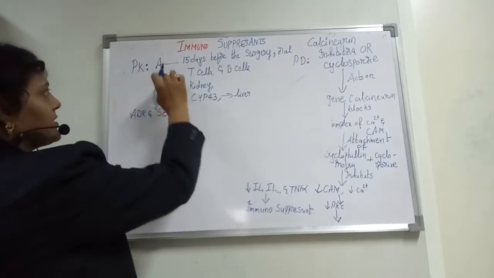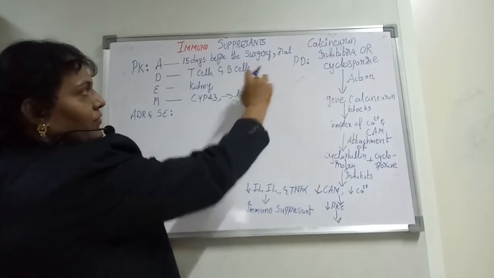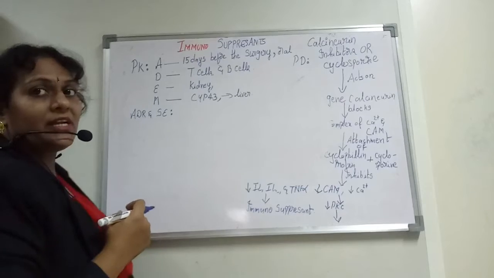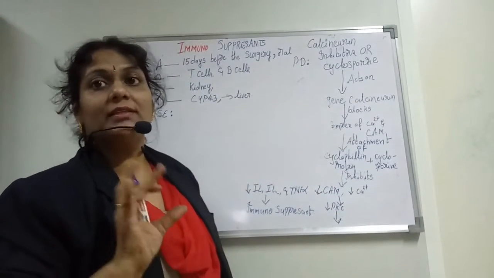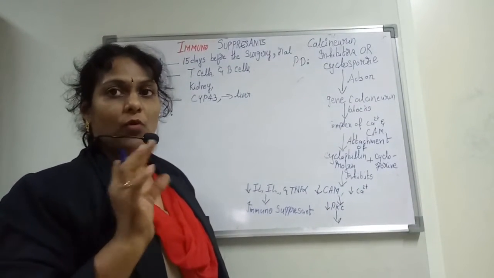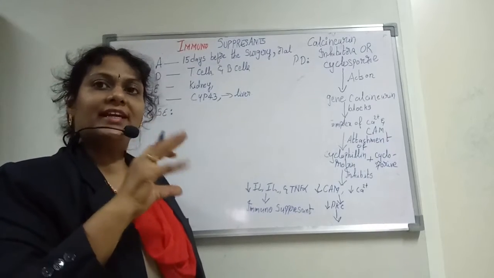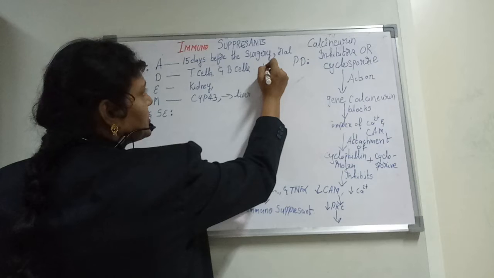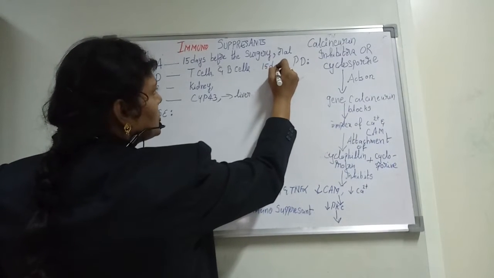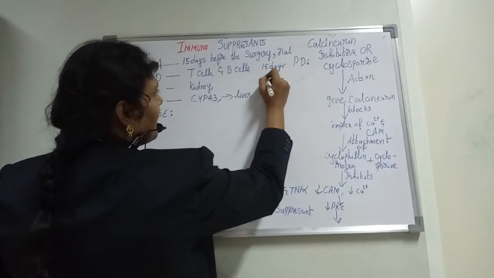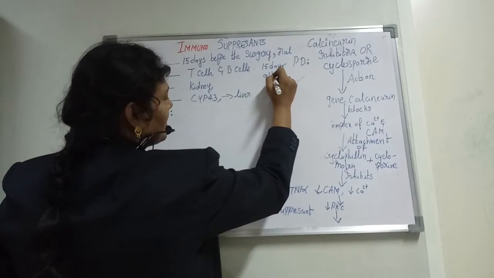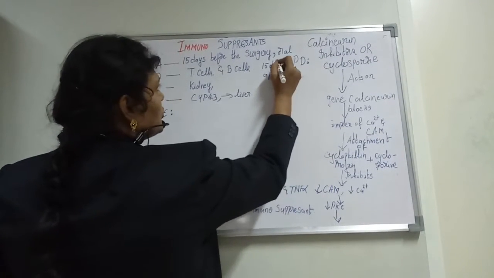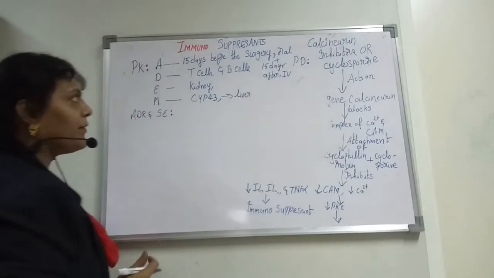As I said, the absorption is done 15 days before, but after the surgery also it has to be given to the patient, so that the foreign organ will be detected and accepted by the body. And also 15 days after the surgery it is given through IV. So these are the 2 points I just want to add here.